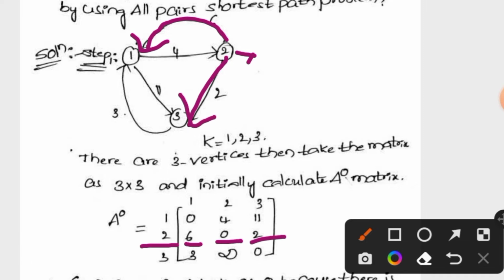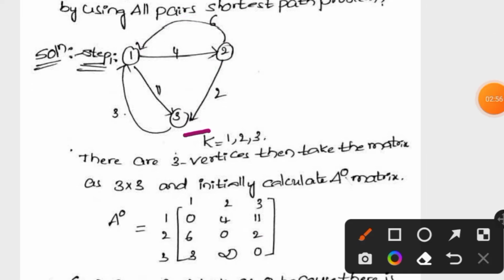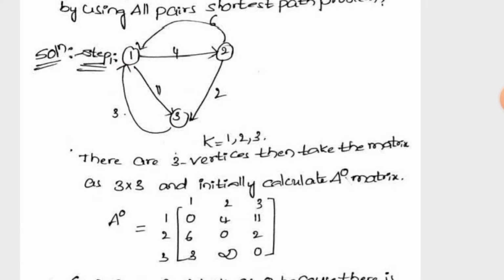And next we take the next vertex, that is 3. So 3 to 1 has one edge, and the value is 3. And here we can see 3 to 2 has no edge, that's why we take infinity. And here 3 to 3 also has no edge, so we take 0. See, the i and j positions are both equal.